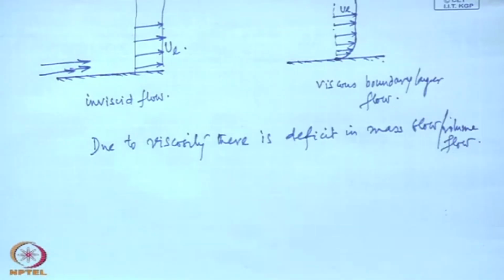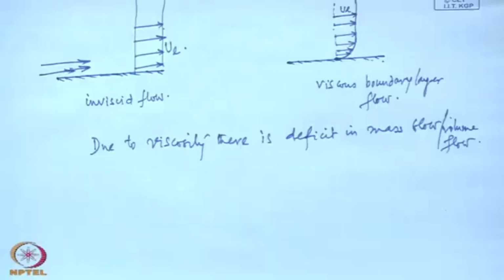Actually it is mass flow, but since it is incompressible flow, mass flow is analogous to volume flow. And how much is that? How much is the mass flow defect or volume flow defect?